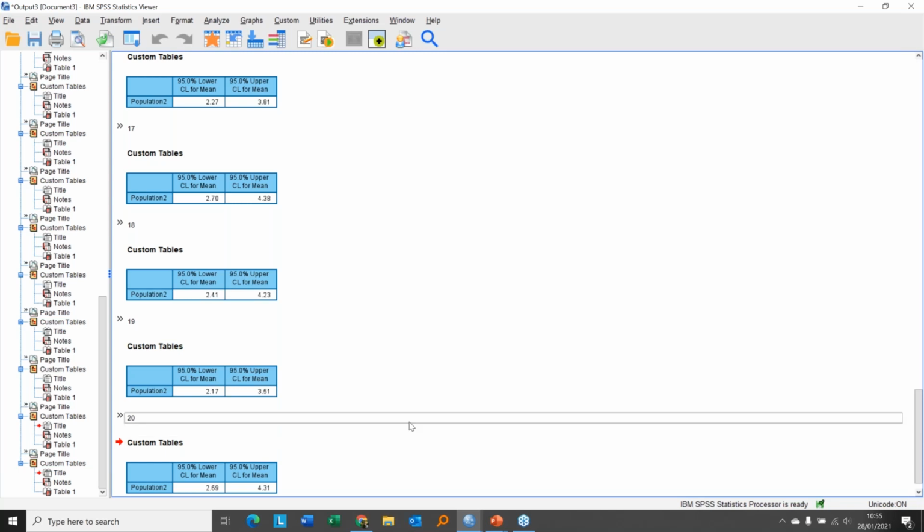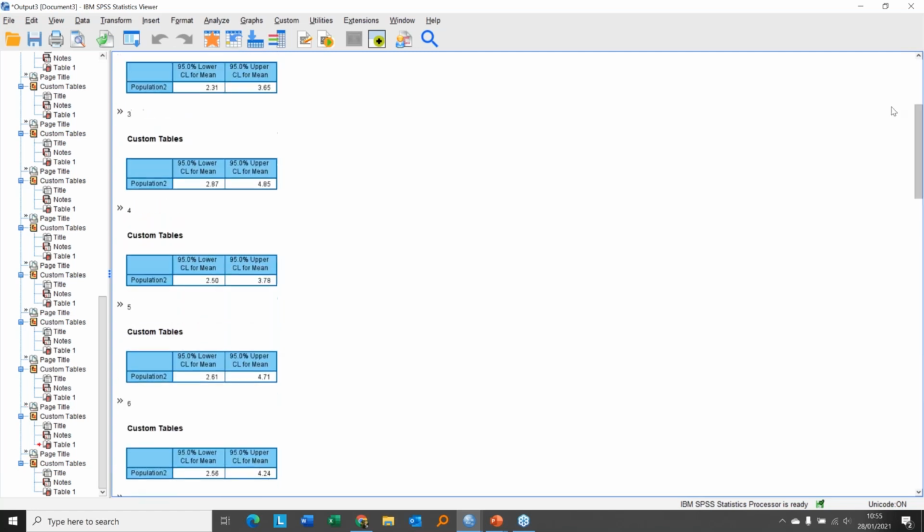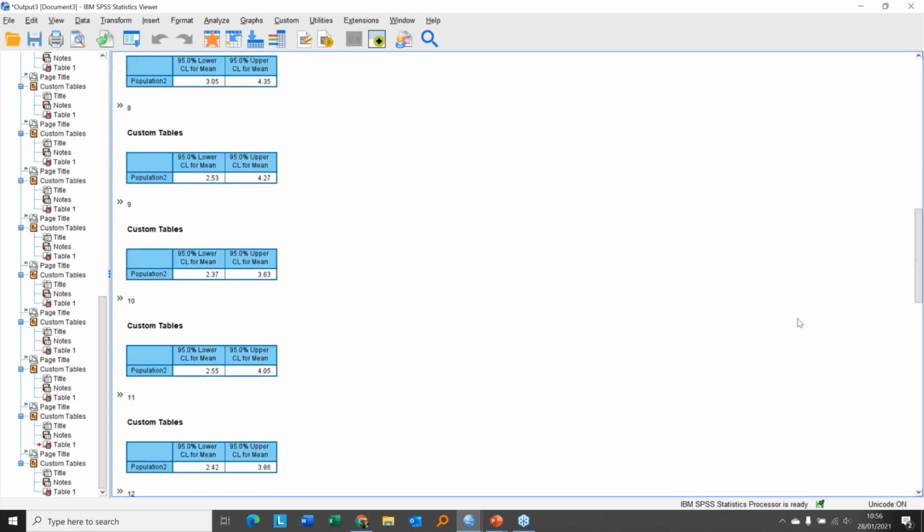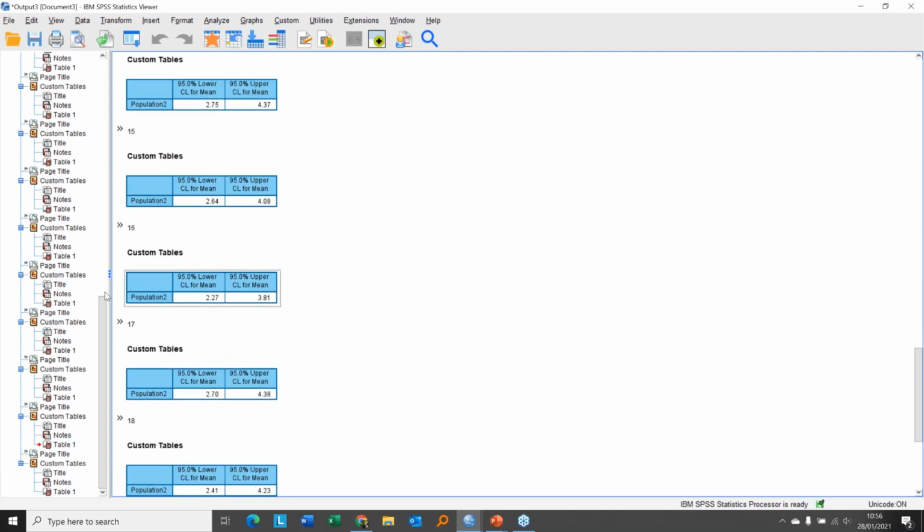Okay, so it turned out that on this occasion, randomly, all 20 of them managed to capture that overall population average of 3.33 from 3 million cases, each time taking samples of 50. But each time the confidence intervals themselves are shifting about.